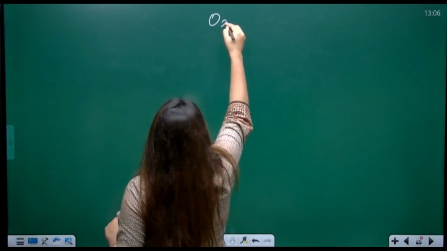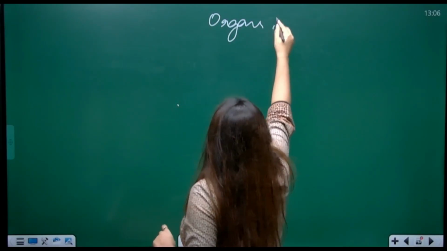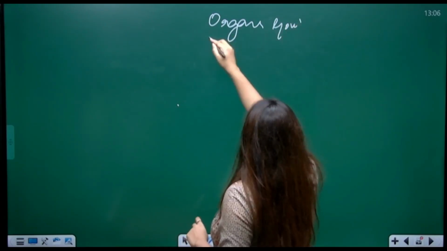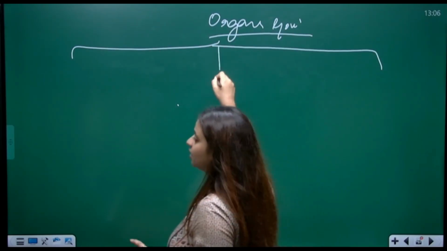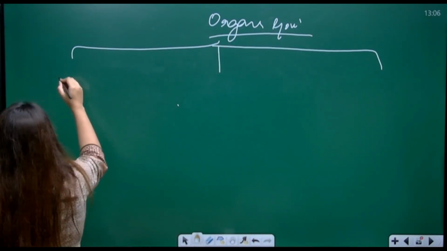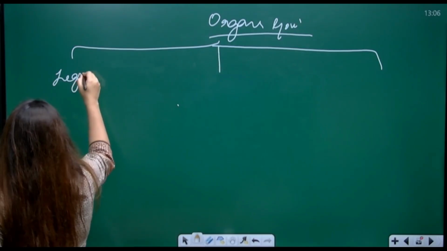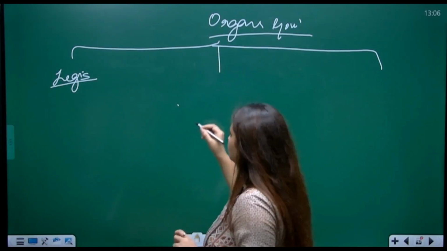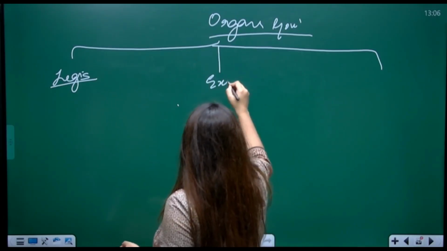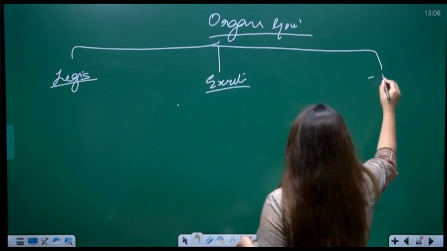We have three organs of the government, three important pillars on which the government is able to function. The three organs are the legislature, the executive and the judiciary.